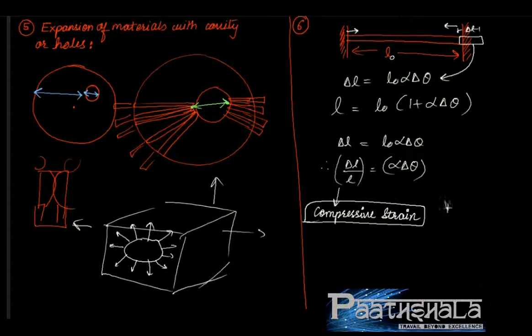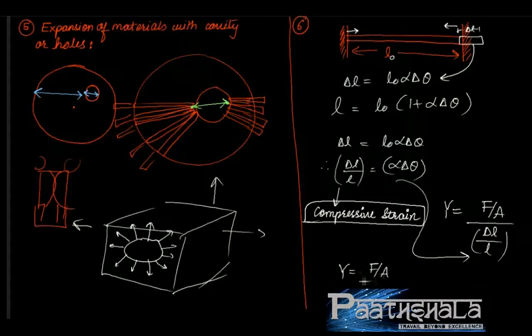For that we need to recall that Young's modulus is given by F upon A, whole divided by delta L by L. Now we have to substitute this alpha delta theta over here. So Y is equal to F upon A upon alpha delta theta. Therefore F is equal to Y A alpha delta theta. Simple. This is the additional force exerted on the walls because of thermal strain. That is it.